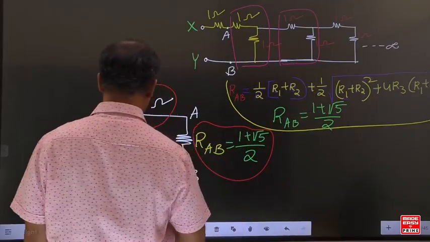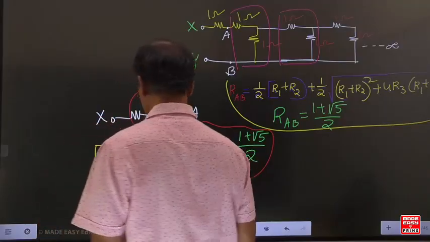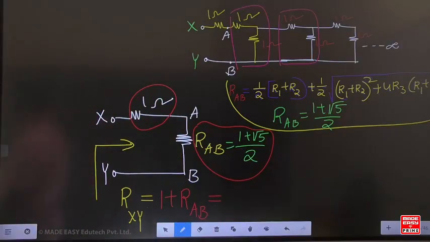Then with respect to X and Y, what is the total resistance? 1 plus RAB. That means the 2 ohm resistance we split as a 1 ohm and 1 ohm. Then after same procedure we are repeating.